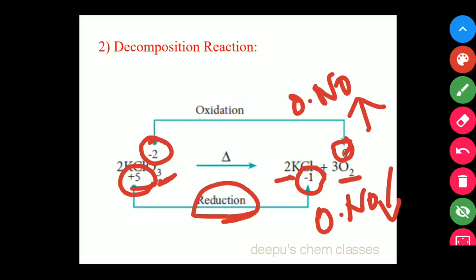If it increases, what is the process called? Oxidation. It is a kind of decomposition reaction because a single compound breaks into two substances here. So it is an example of a decomposition reaction which involves both oxidation and reduction. So it is called a decomposition redox reaction.